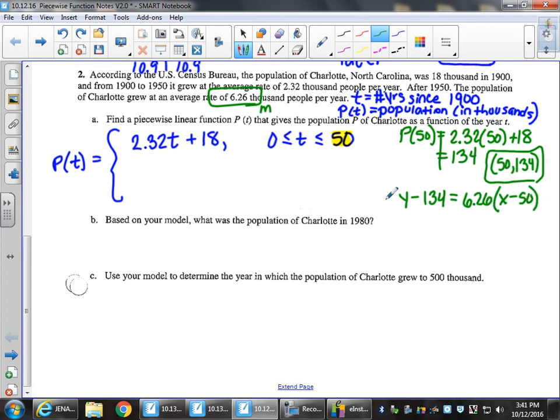When we solve this for y, we will have the expression that goes right here. So let's solve. It's going to be y minus 134 equals 6.26x. We're going to do 6.26 times 50, which is 313. And we'll solve by adding 134 to both sides.